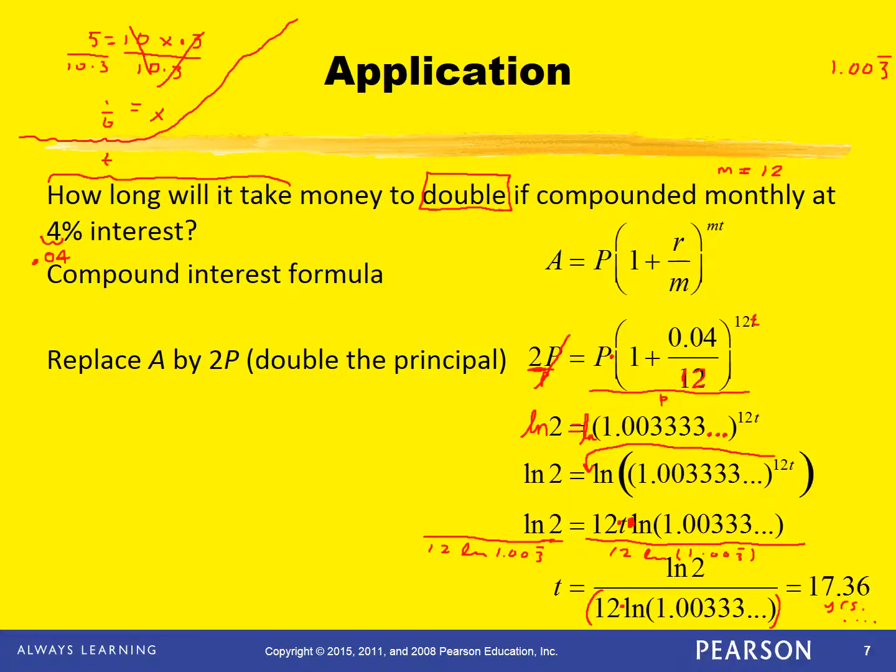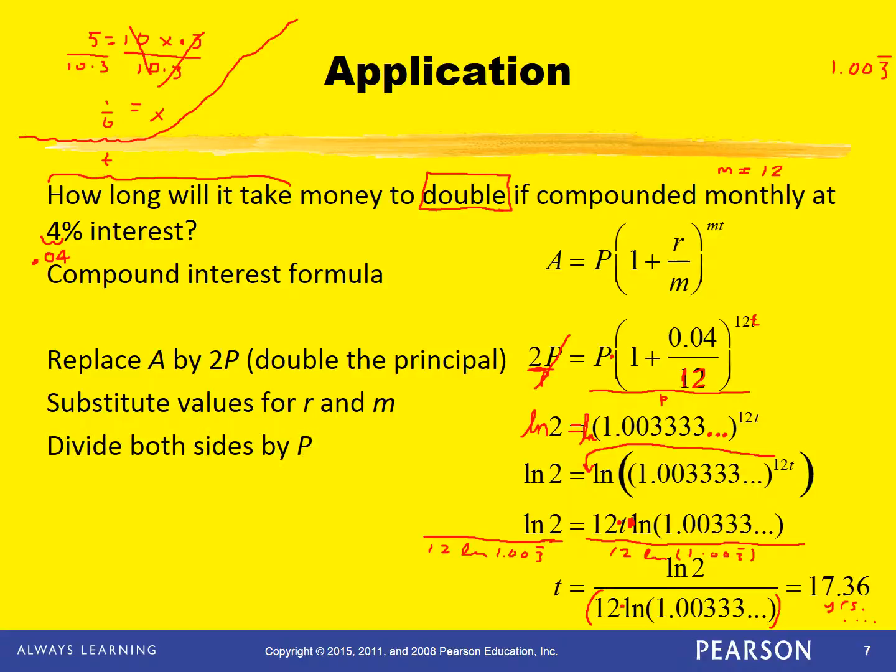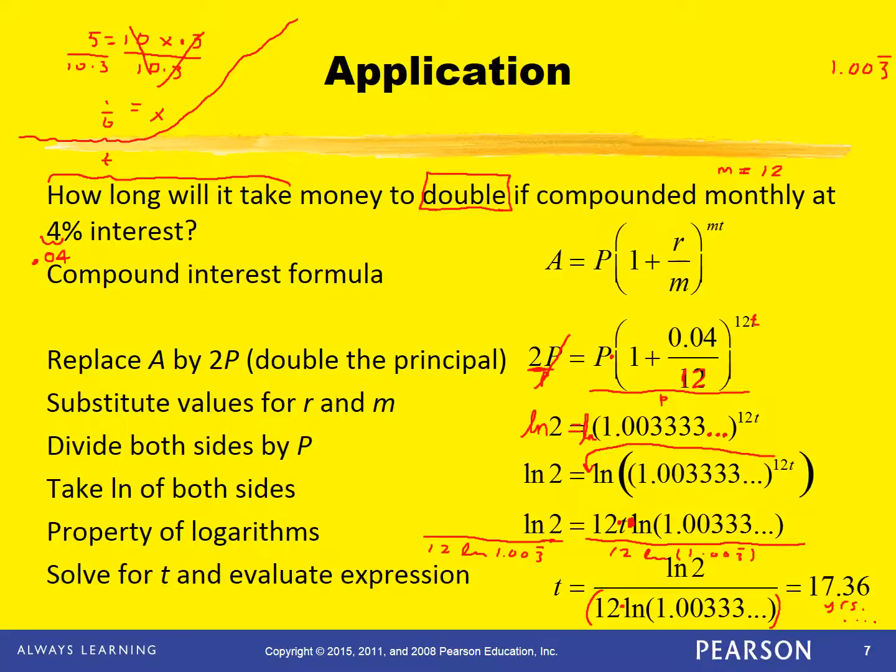You had to replace a with 2p because you're doubling the principal. Substitute the known information. Divide both sides by p. That gave you the 2. Take a log of both sides, natural log, and then throw down that 12t. And then solve the linear equation.